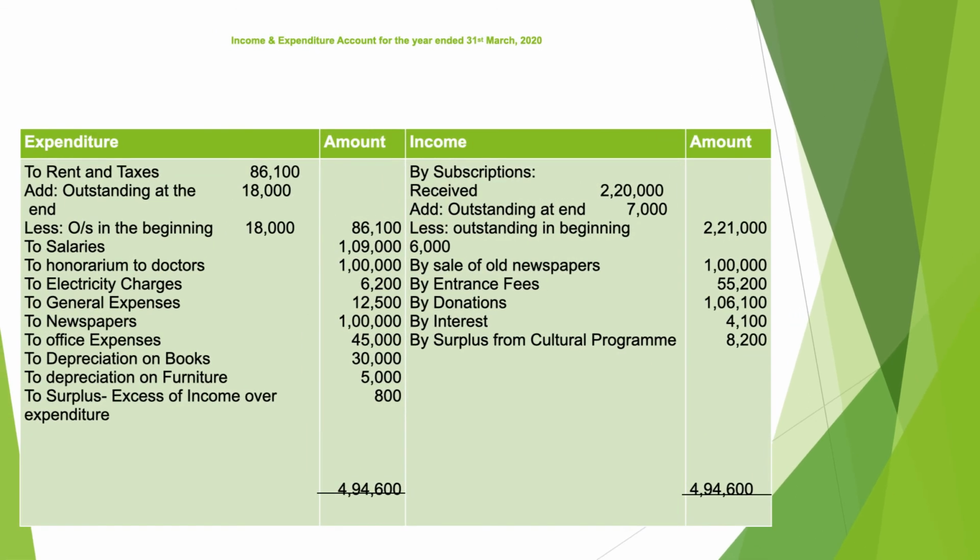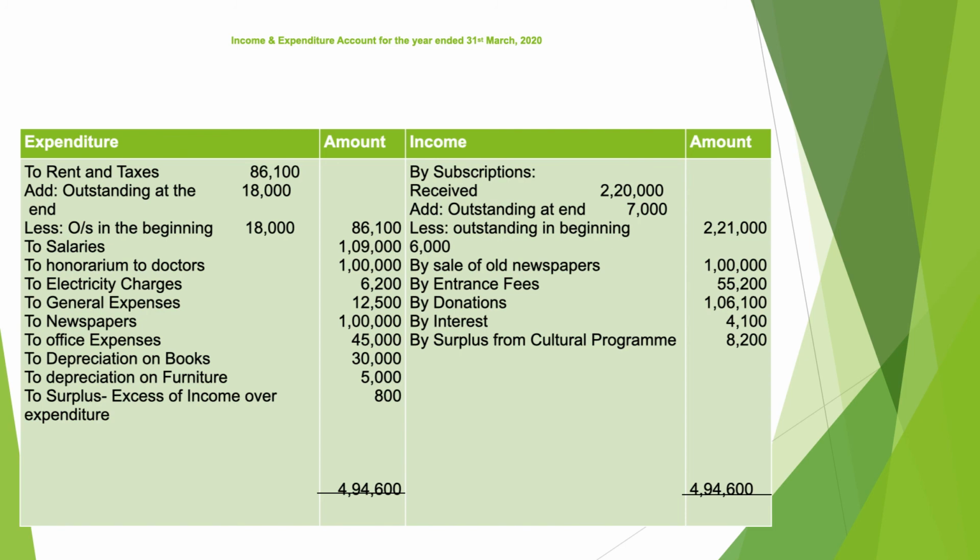So in this way, the income and expenditure account for the year ended 31st March 2021 is being prepared, and we have already discussed each and every item. So after doing the treatment of all the expenditure and income, we will close the account in order to calculate whether we get a surplus or deficit.